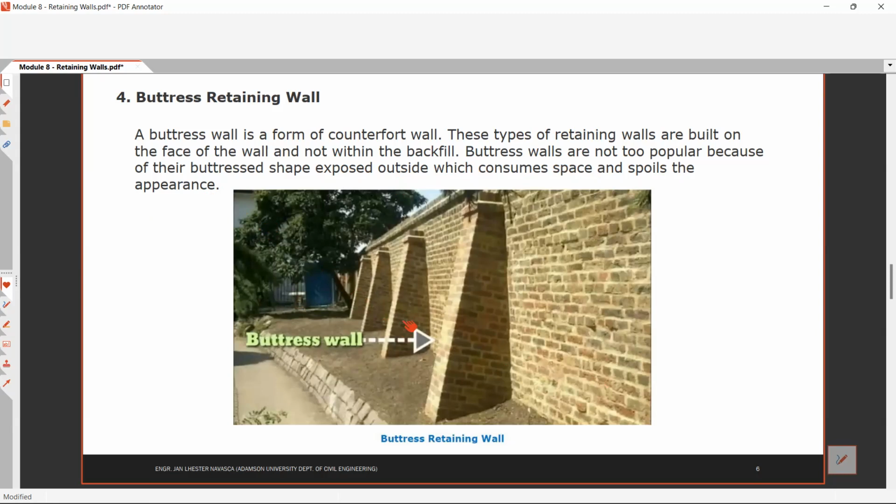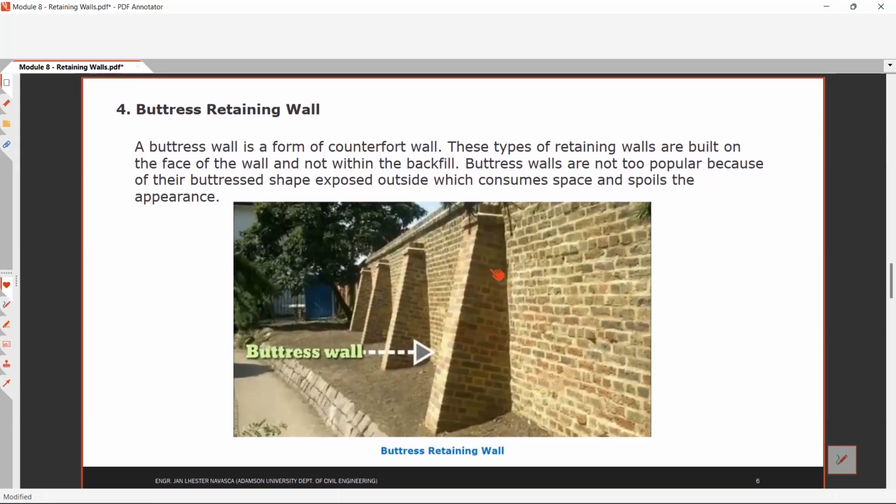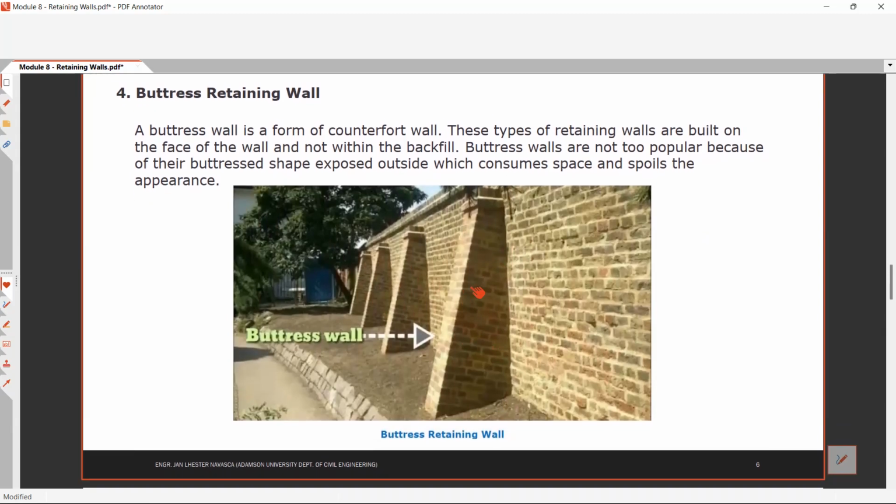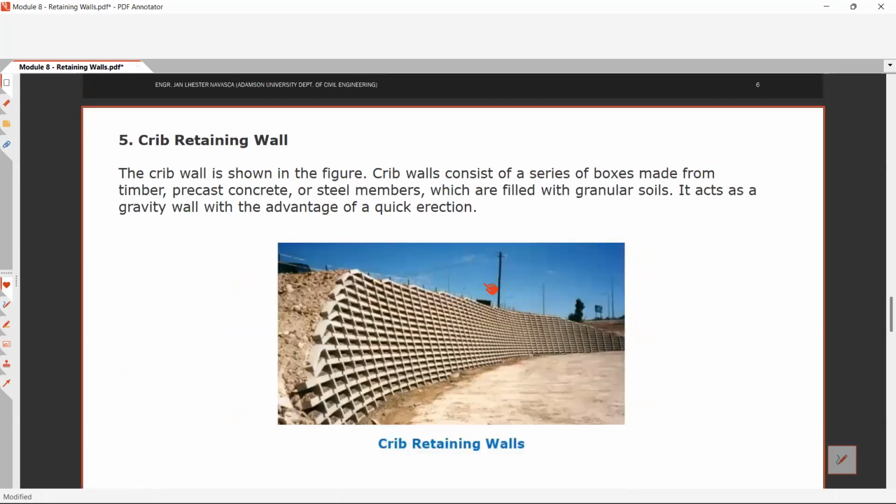Okay, so ito nakikita to sa mga medieval period ba yun? Okay, yung mga sinaunang style ng mga walls. Okay, we have these buttress walls exposed, mga counterfort wall exposed siya dun sa face of the wall, hindi siya dun sa loob ng backfill. Okay, so this is the buttress walls or buttress retaining walls.